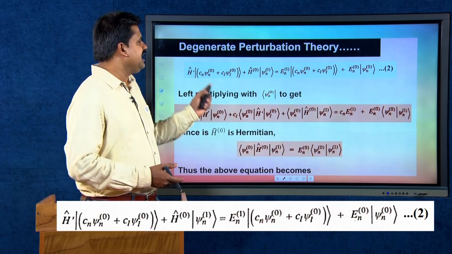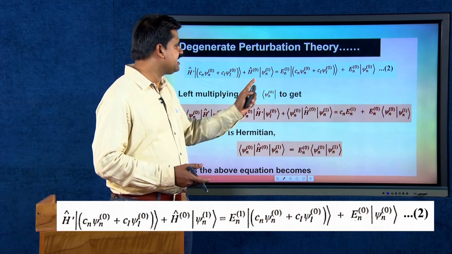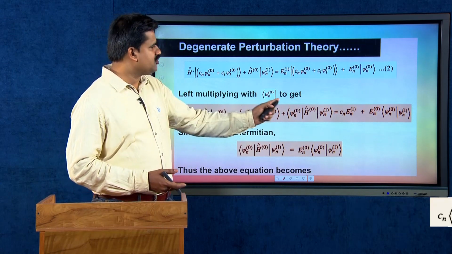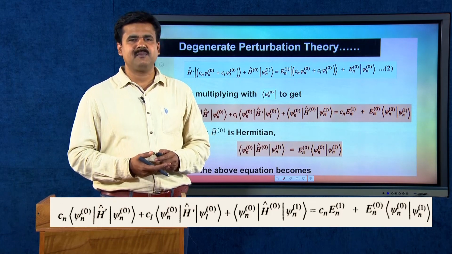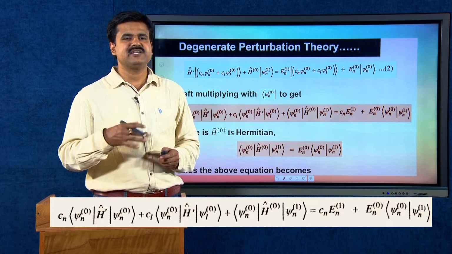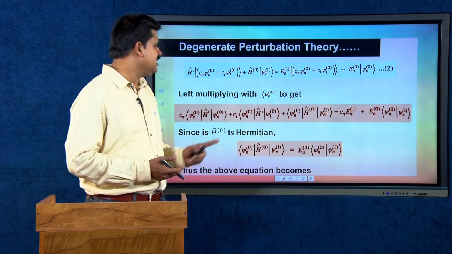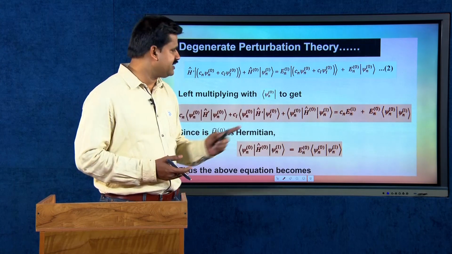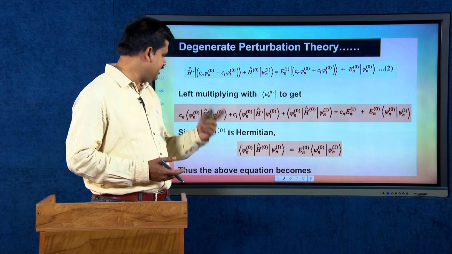Now, left multiplying equation 2 with psi n0 star and integrating over space, we get this equation, and H hat 0, the unperturbed Hamiltonian, has the Hermitian property. So we can arrive at this result: integral psi n0 star H hat 0 psi n1 d tau is equal to En0 into integral psi n0 star psi n1 d tau.